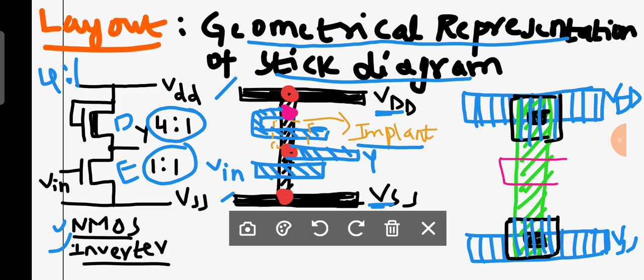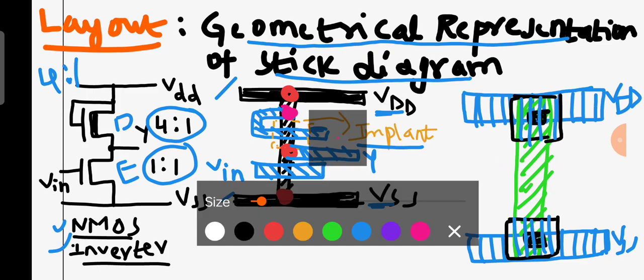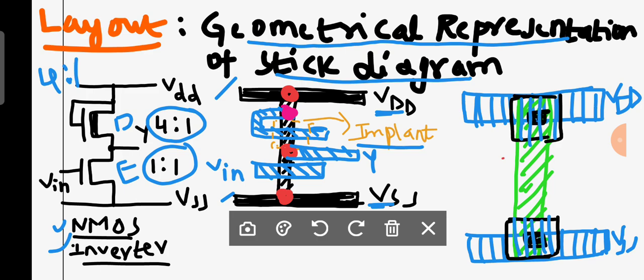Let us consider a different color. In this manner you have to draw. Remember that very importantly. Okay, this is polysilicon.